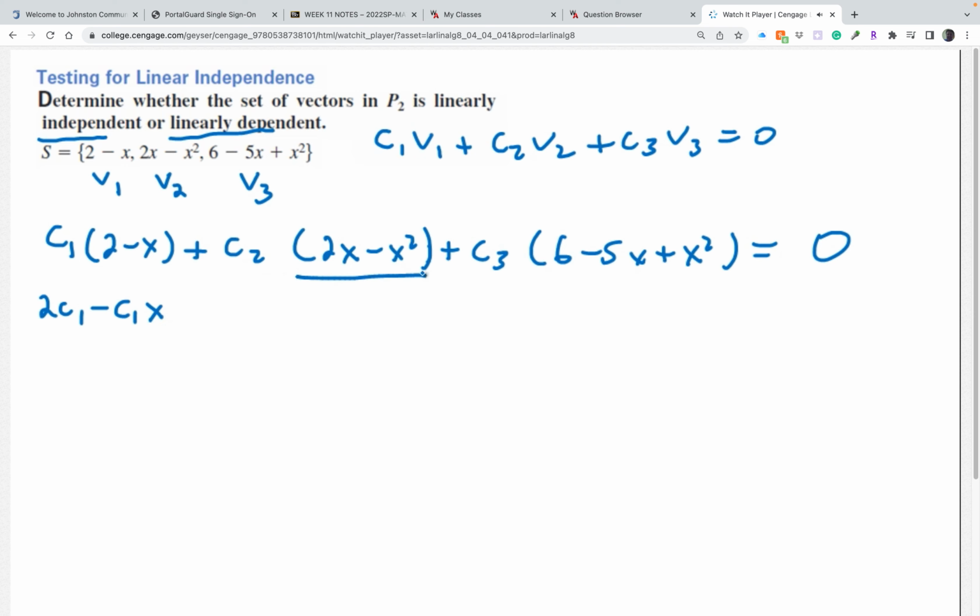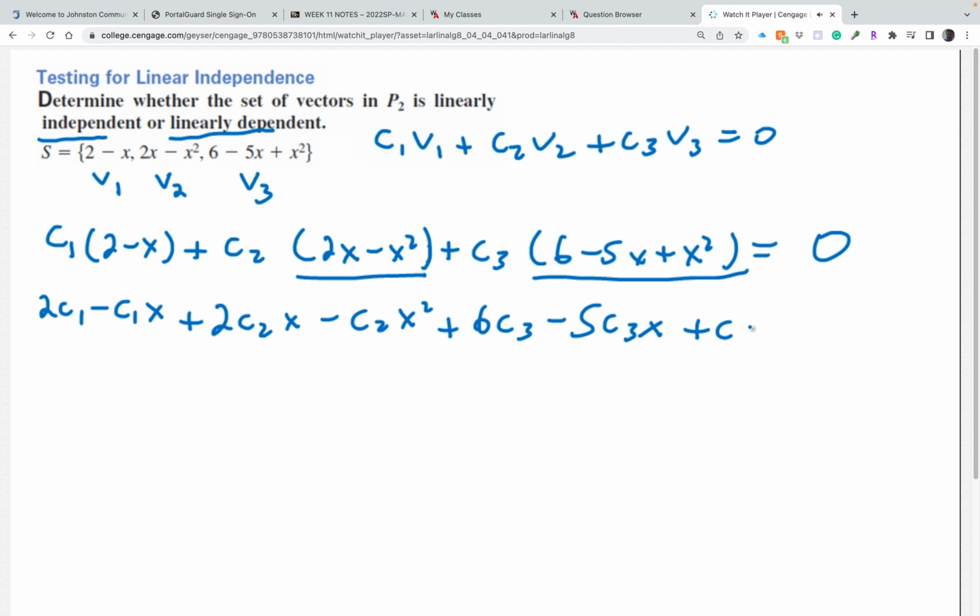C sub 2 times 2x minus x squared gives plus 2 c sub 2 x minus c sub 2 x squared. And multiplying c sub 3 by 6 minus 5x plus x squared, we wind up with 6 c sub 3 minus 5 c sub 3 x plus c sub 3 x squared, and that will all be equal to 0.